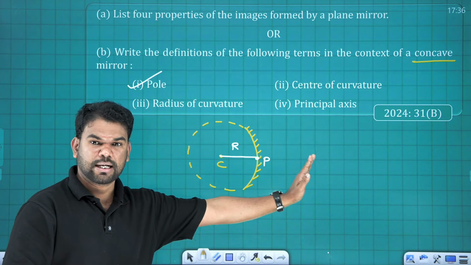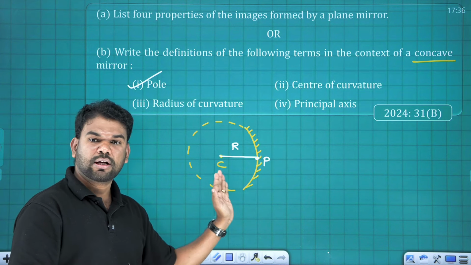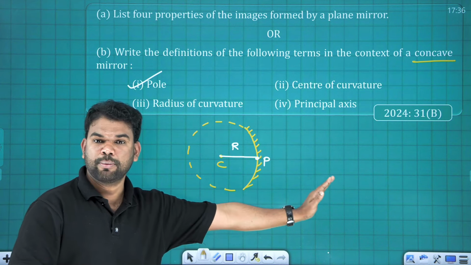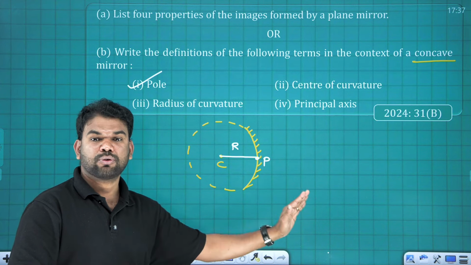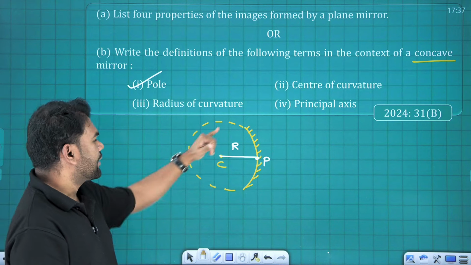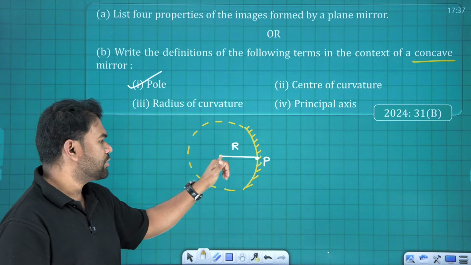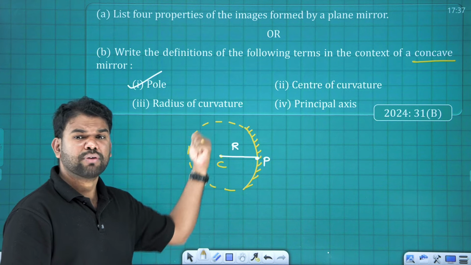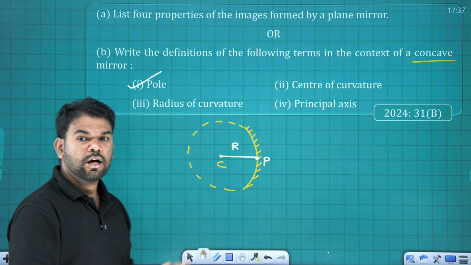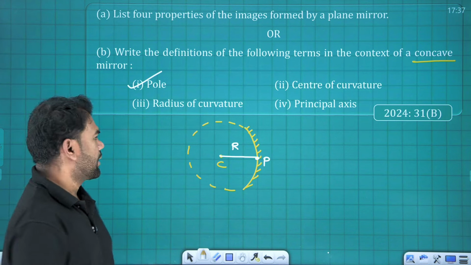For a convex mirror, as per sign convention, the center of curvature is on the right side, so the radius of curvature will be positive, whereas for a concave mirror it is on the left side, so surely it will be negative. So center of curvature is the center of an imaginary sphere in which the mirror forms a part. Radius of curvature is the radius of that imaginary sphere, or the distance between the center of curvature and the pole of the mirror.